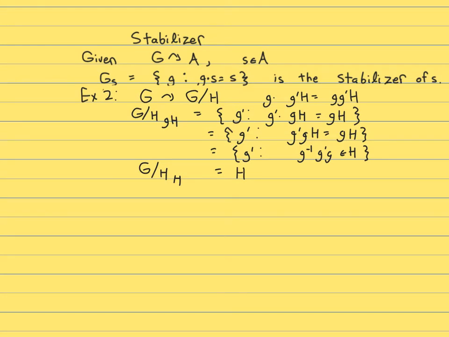So the stabilizer of the coset H is the subgroup H. Note here that H is playing different roles on each side here. Over here, it's an element in a set on which G is acting, and here it's a subgroup.